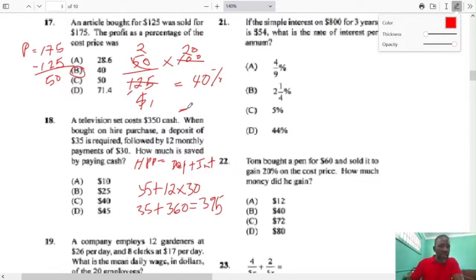So if I subtract the cost price from the hire purchase price, which is 395 minus 350, then our answer is going to be equal to $45. So the person who purchased on hire purchase would pay $45 more than the person who paid for cash. So the answer here is 45.